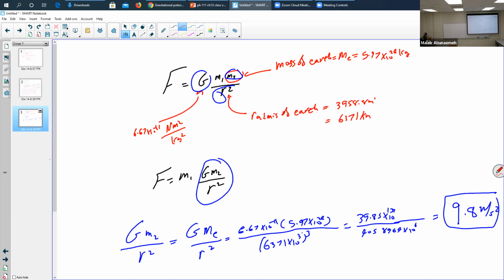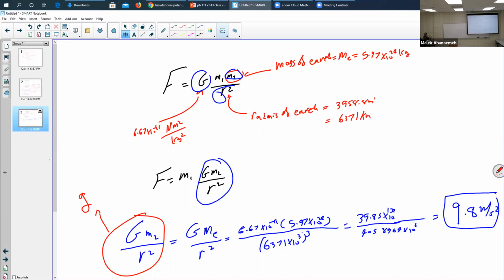So that's what we get: your little g, the gravitational acceleration, which on average is 9.8 meters per second squared. Now, obviously, it's not going to be like that all over.